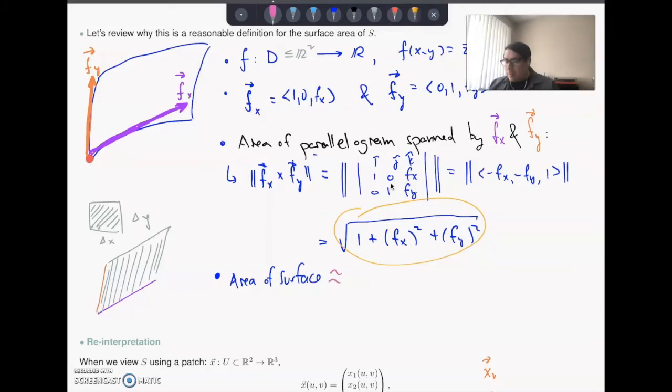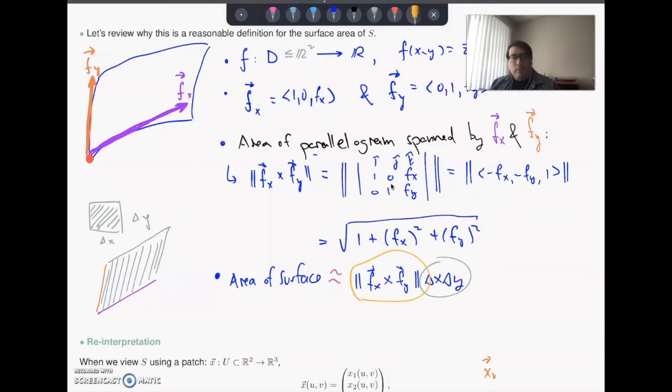Let's say it's approximately this number. Actually no, let me write the shorter version: the norm of f_x arrow cross product f_y arrow times dx times dy. So here was the area in the plane, and then I multiply it by this factor to compare them and see how the function f is stretching it.